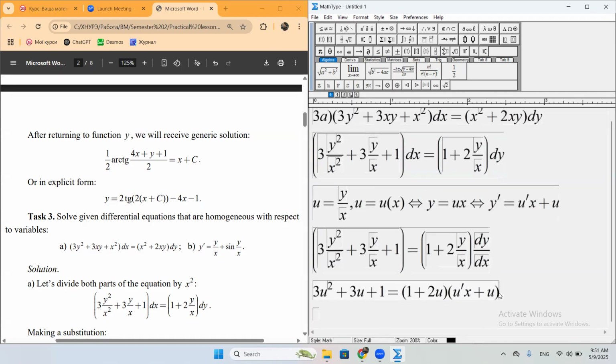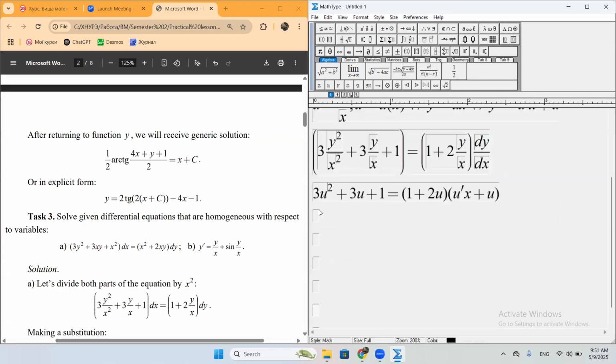Actually, it will be an equation with separable variables, and we will start separating them. du by dx multiplied by x plus u equals (3u squared plus 3u plus 1) over (1 plus 2u).